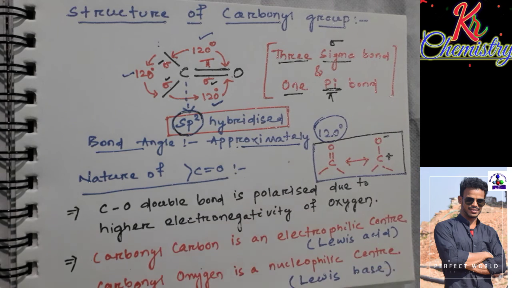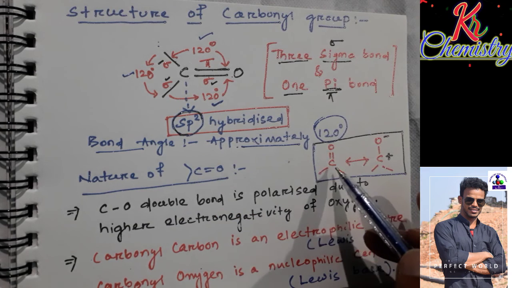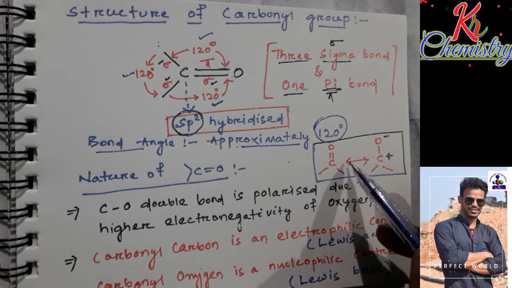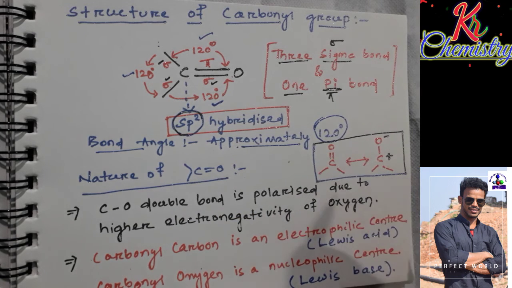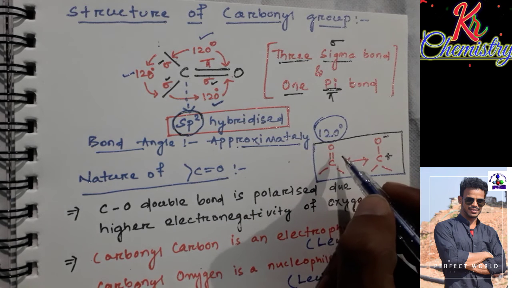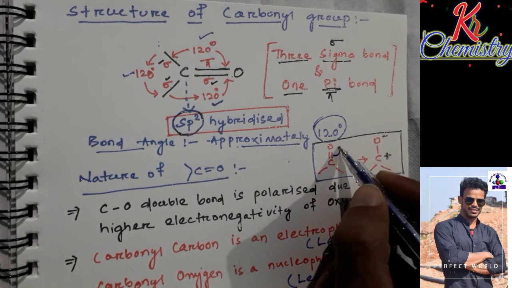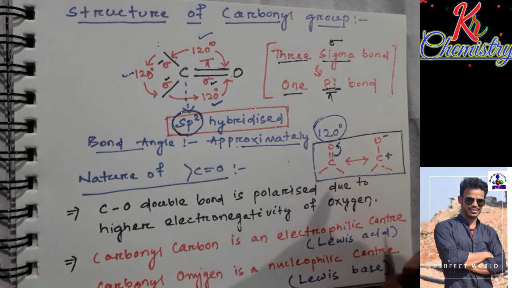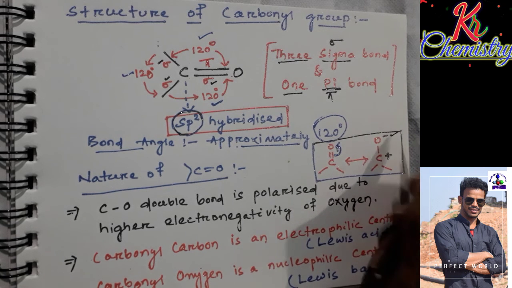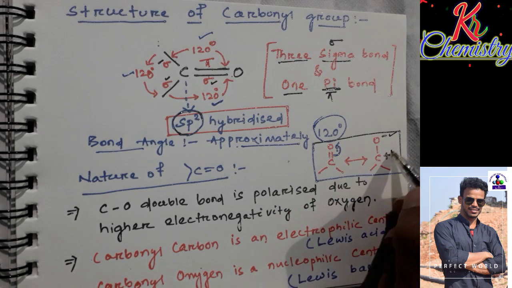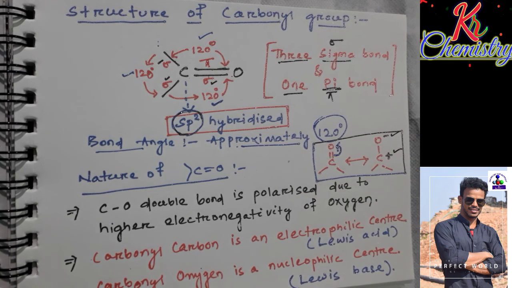Now let's go to the nature of the carbonyl group. You can see this is the carbonyl group. As resonance happens, the double bonded oxygen takes the bond's pair of electrons, gets a lone pair of electrons and becomes negatively charged, and the carbon gets positively charged.